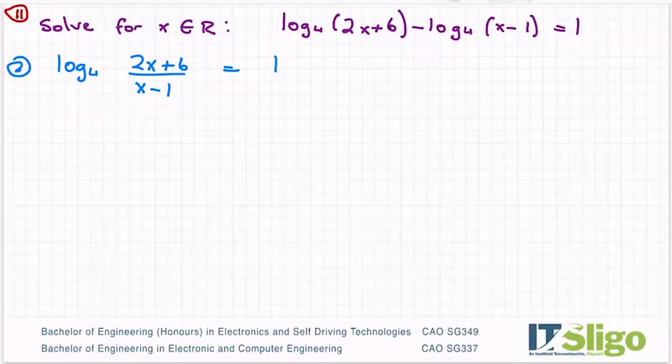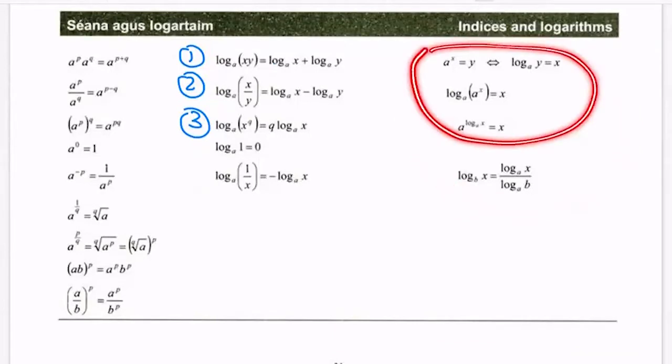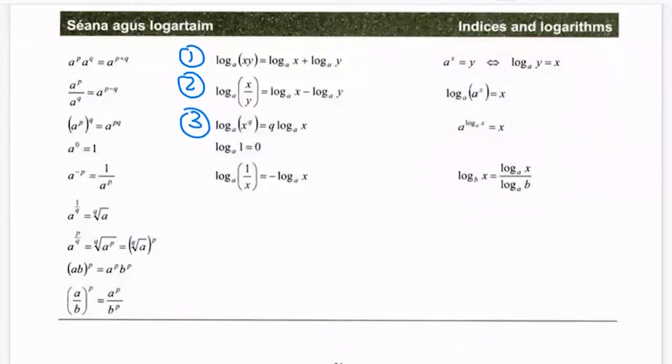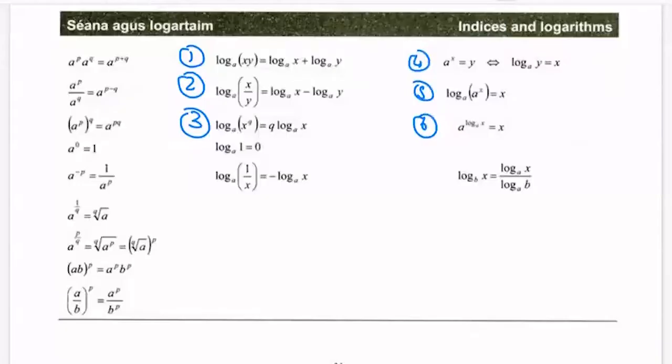For the next bit, where you need to cancel out or do an anti-log, the reverse of log, you tend to be over this side, specifically the top 3. Let me call them 4, 5, and 6. Indices are the opposite of logs, and this rule up here is trying to show you that. If you have something written as a log, you can do what's called the switch and switch it to a powers or an indices one.